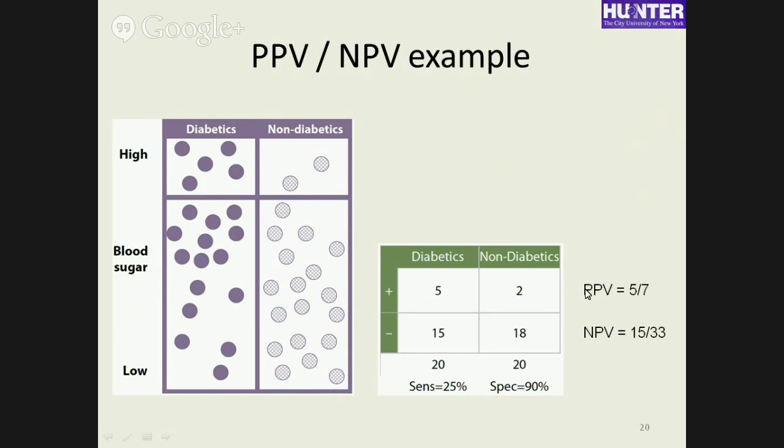For positive predictive value, you take all the people who received a positive test and ask what proportion of them in fact have the disease. In this case, it's 5 out of 7. And the negative predictive value: out of the people who receive a negative test, what's the probability that they're negative? And I made a mistake here. Can anyone see the mistake?